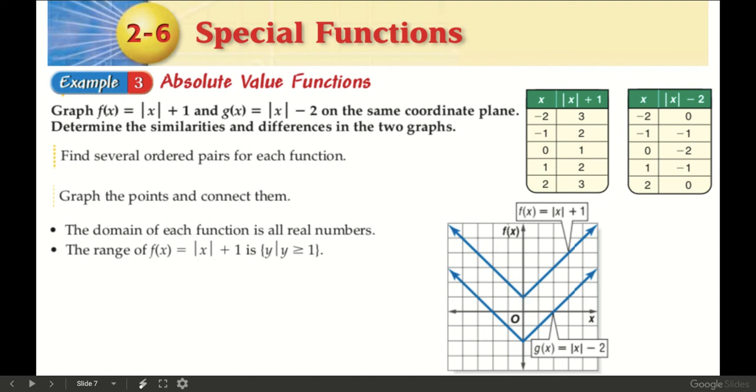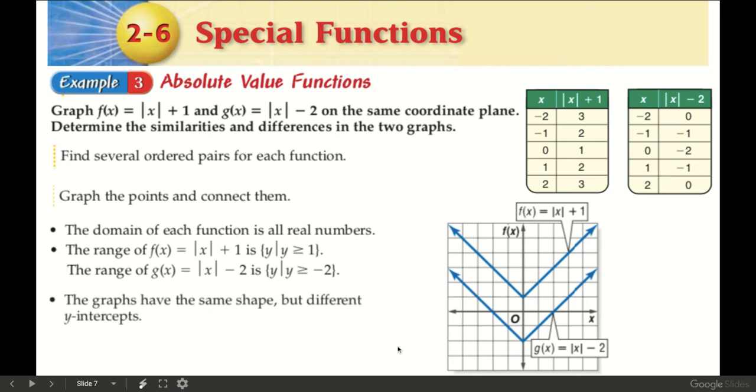So the range for this one would be all the y values from +1 and greater, where this one would be all the values of y that are equal to -2 or greater. So the ranges are very similar, as in they both go to infinity, but this one has to be greater than or equal to +1, and this one has to be greater than or equal to -2.